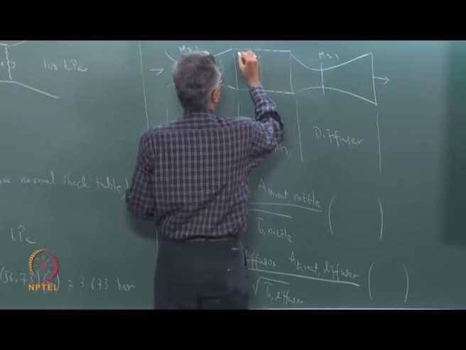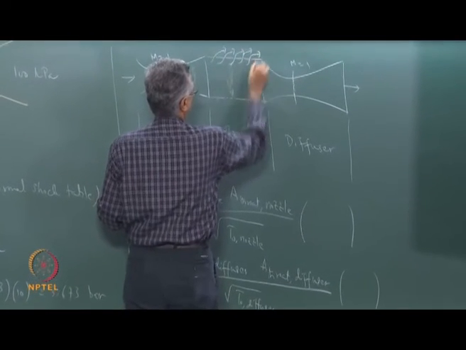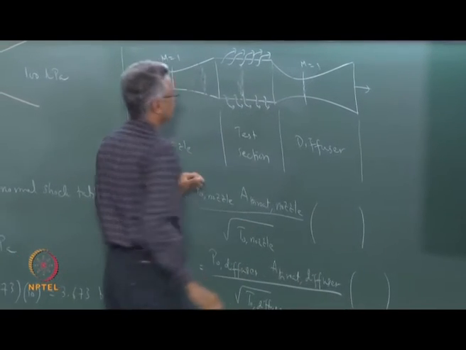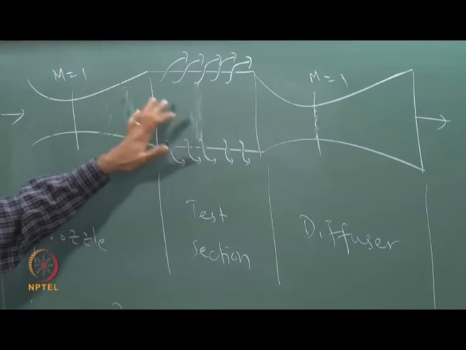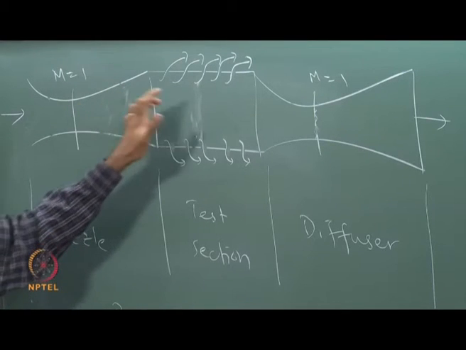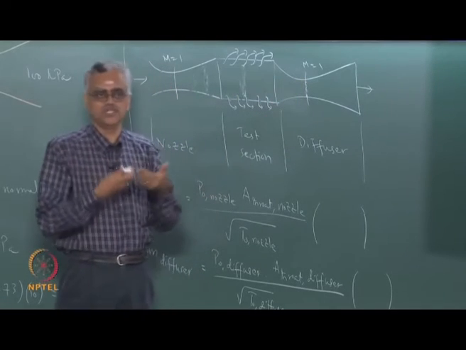So the flow can actually go through this. When you do this, there is no problem, there is no mismatch. 10 kg per second is coming through and 10 kg per second is going out. So there is no accumulation of mass, right.